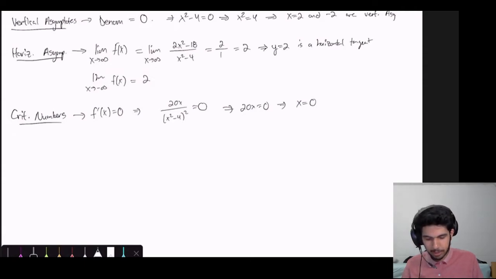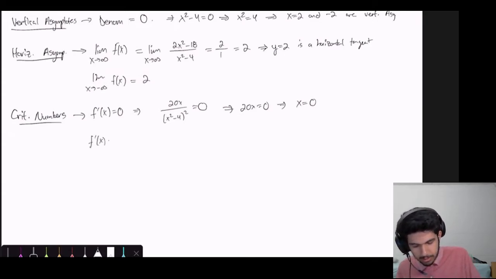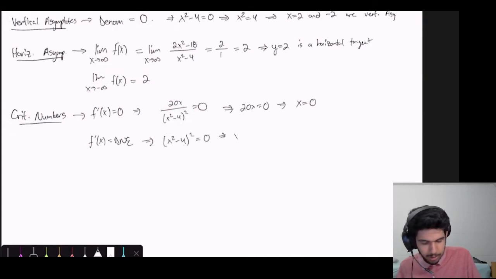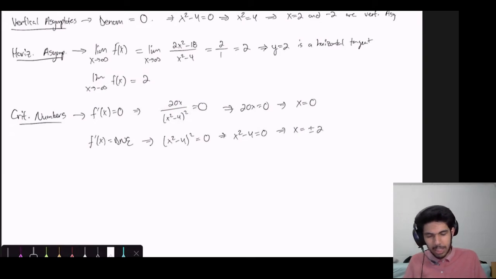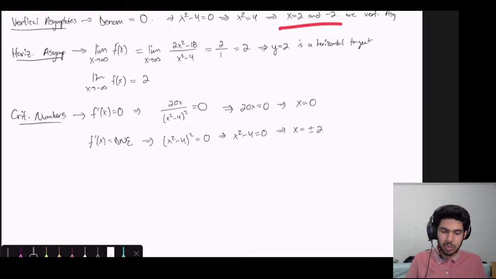And then, let's see, are there any other ones that we have to consider? Well, yeah, we should consider when f prime of x does not exist. And that occurs when our denominator is equal to 0. So we want x squared minus 4, squared, to equal 0, or x squared minus 4 to equal 0, or x to equal plus or minus 2. And you should be like, wait a second, we kind of already did that with vertical asymptotes, and we got x equals 2 and negative 2.